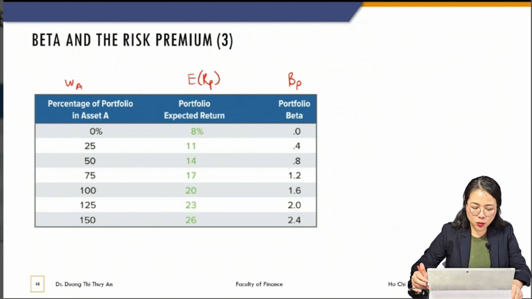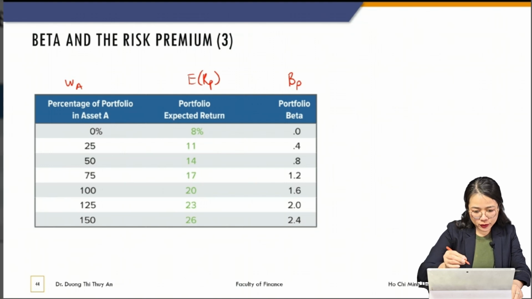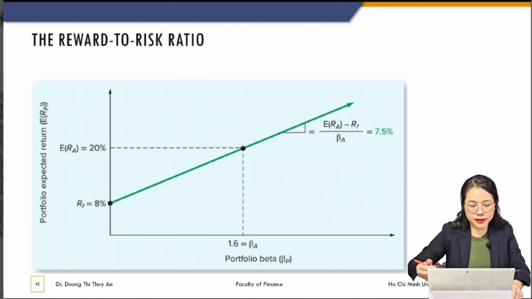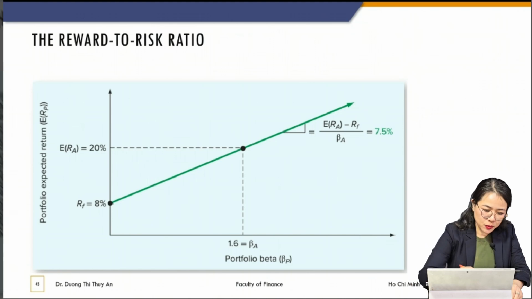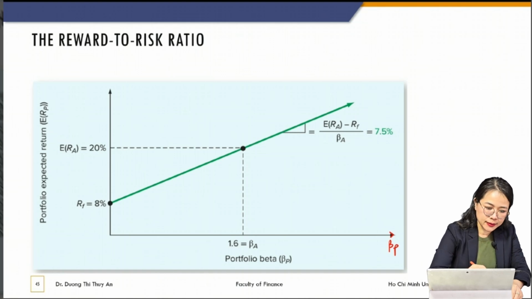Now I want to graphically illustrate the relationship between portfolio expected return and portfolio beta. Look at this figure. The horizontal axis is the beta of the portfolio, and the vertical axis is the expected return of the portfolio.